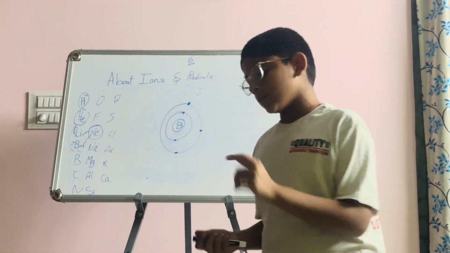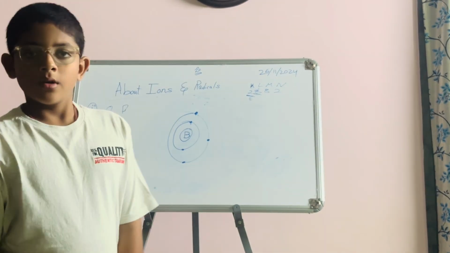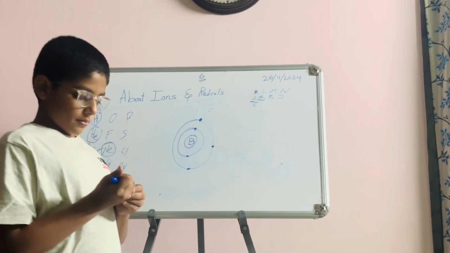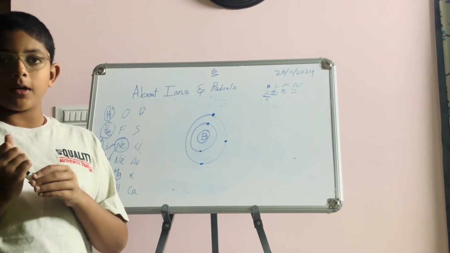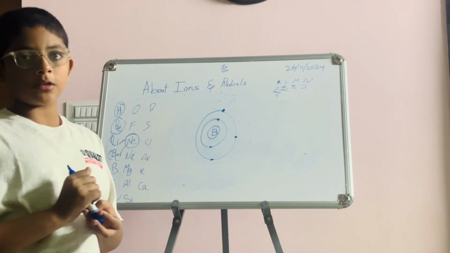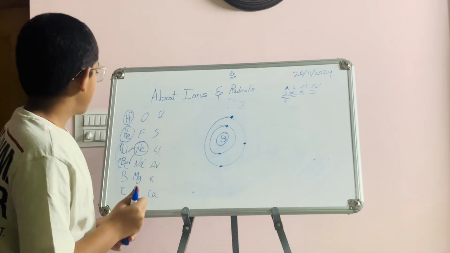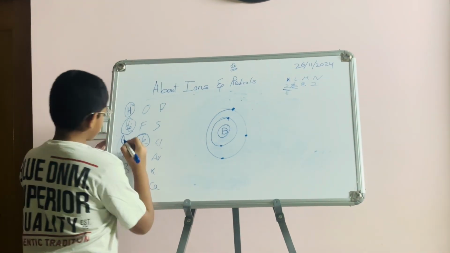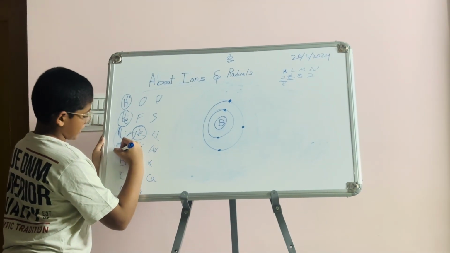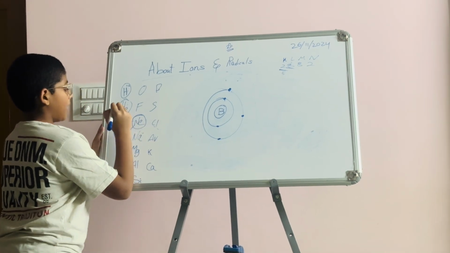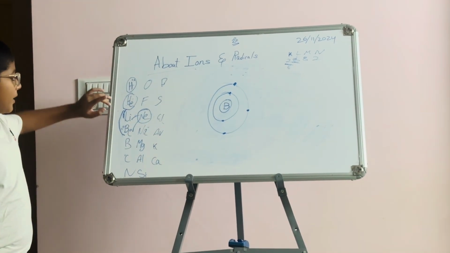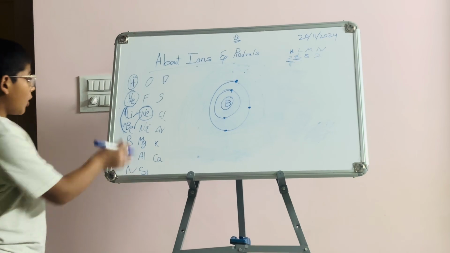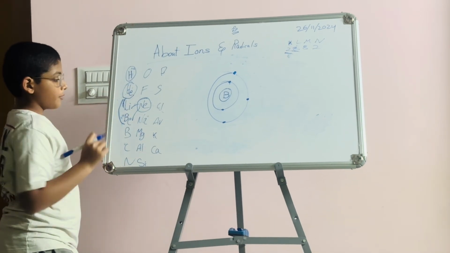What do you prefer? Once you already have one, you would not decrease the speed, right? So these elements go for their nearest noble gas configuration.